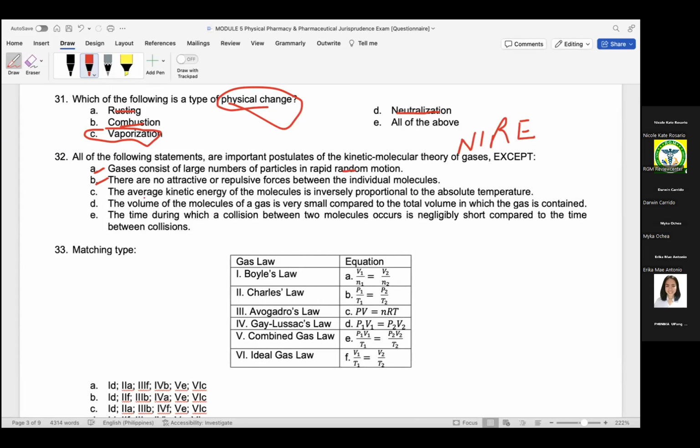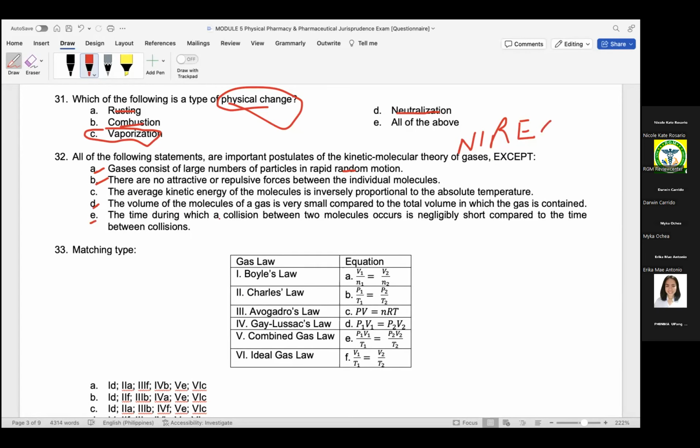Letter D muna tayo. The volume of the molecule of gas is very small compared to the total volume in which the gas is contained. So that is negligible. So letter D is correct. The time during which a collision between two molecules occur is negligibly short compared to the time between collisions. That is also true. Although wala dito, no, it is related to the elasticity of the gas.